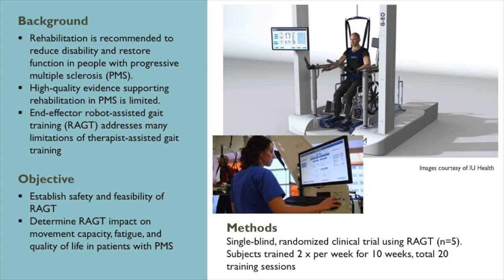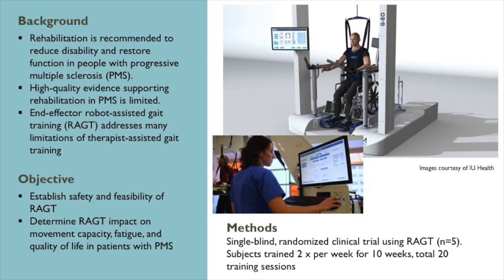We also measured a 2-minute walk test, endurance walking for 2 minutes, and we also used the Borg scale for measuring the endurance. Among the quality of life measures, we used the modified fatigue impact scale and the multiple sclerosis impact scale 29. Those scores were measured as a baseline.